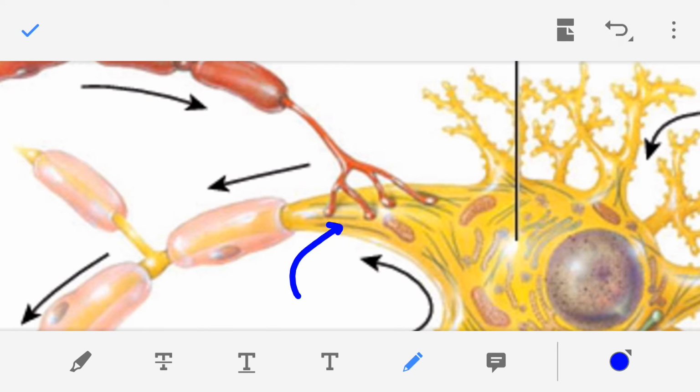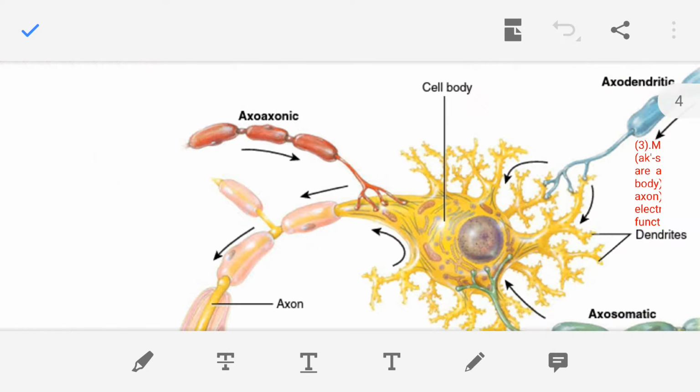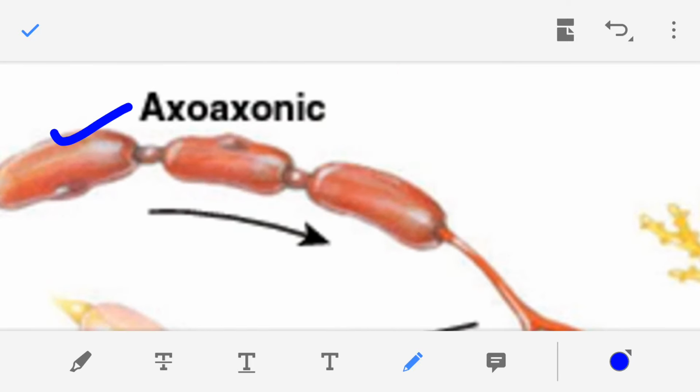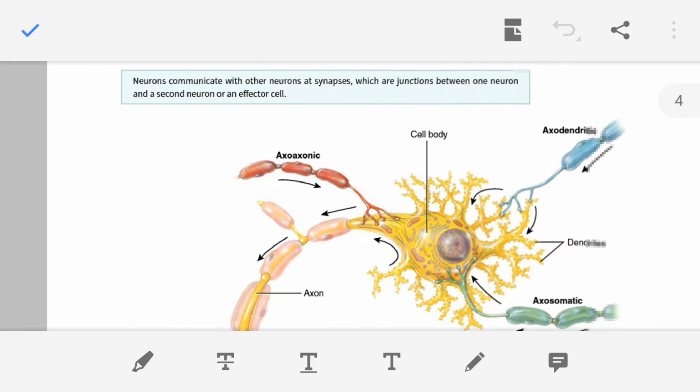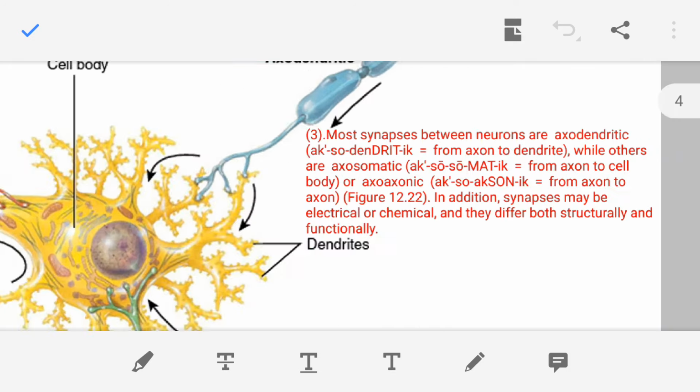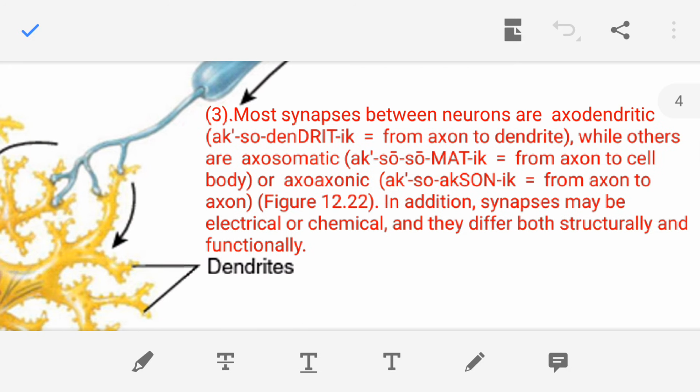This is the axon of the postsynaptic neuron, and these are the synapses. So this synapse between axons is known as exoaxonic synapse. So there are three types of synapse: exodendritic, exosomatic, and exoaxonic.